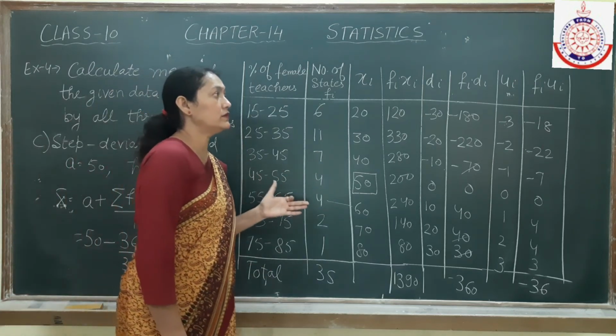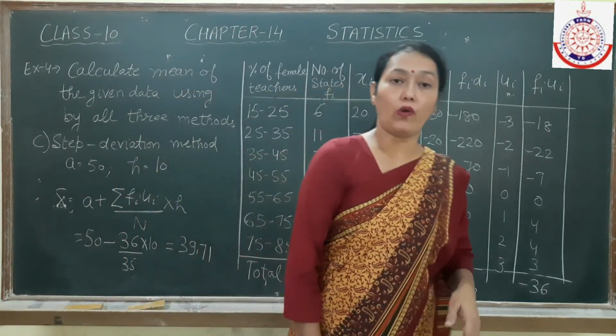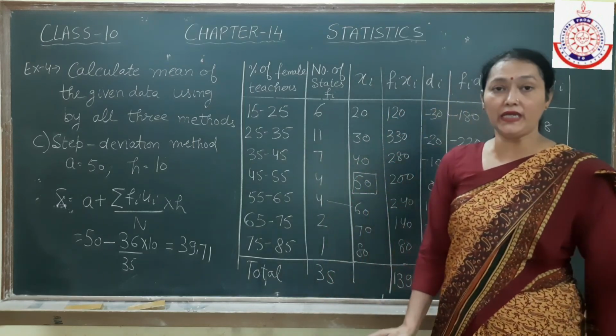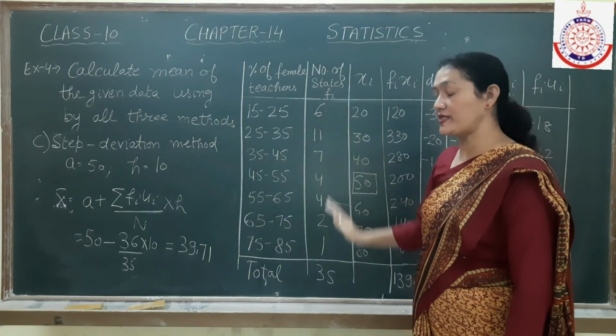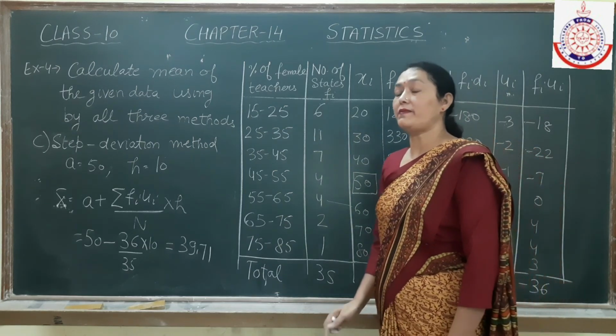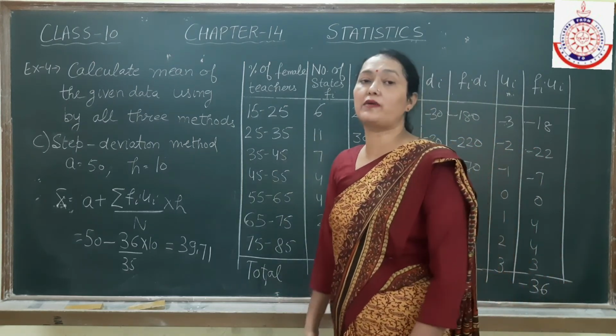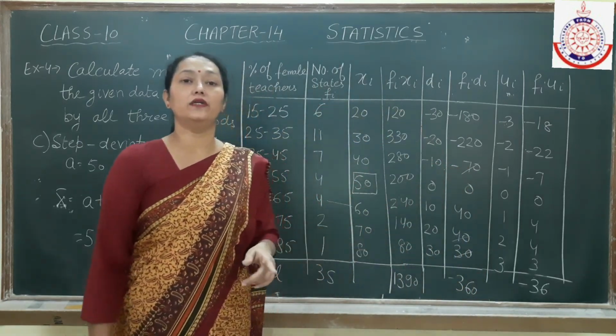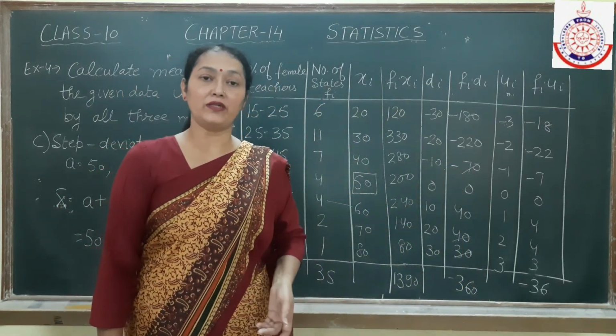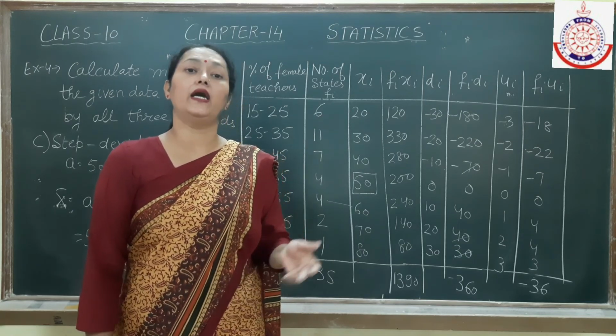Now today we have learned all the three methods of calculating mean when data is given to us, means whenever class interval and frequency is given to us. Sometimes in the exam, they particularly ask about a method. Just find out the mean using the step deviation method or using the assuming method or using the direct method.